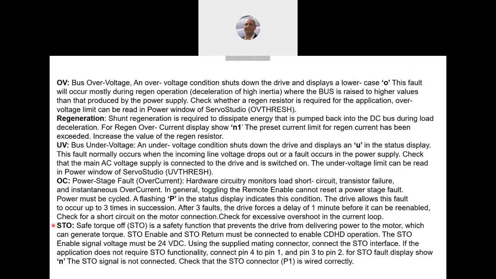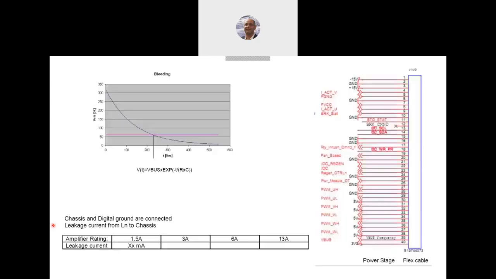Okay, now if you remember in the handout, I go to page number 2. So we have the bleeding. As you remember, the capacitor, and now I turn off the servo drive. The capacitor is full. So actually, if you look at the time, it's the VBus exponent of the bleeding resistor and the VBus capacitor.